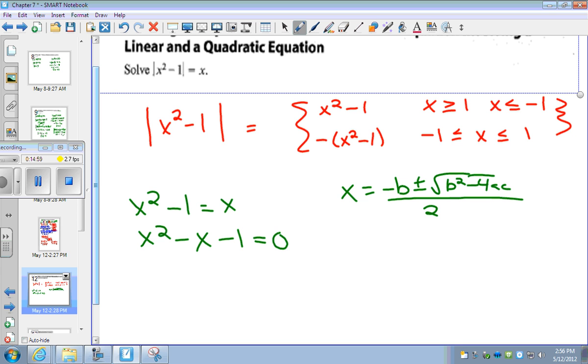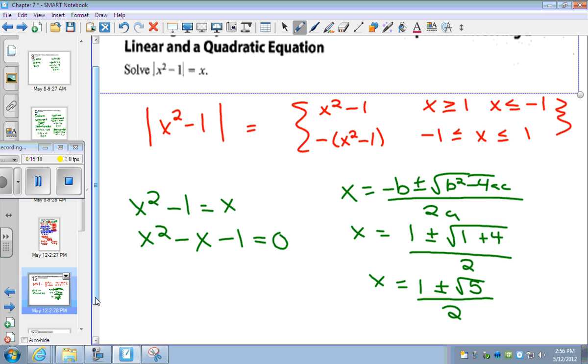Okay, subbing in, we get 1 plus or minus the square root of 1 minus 4ac, so that's just going to turn into 4, all divided by 2. We get x equals 1 plus or minus the square root of 5 over 2. Gross, hey? Okay, and let's see if that works in our original equation.